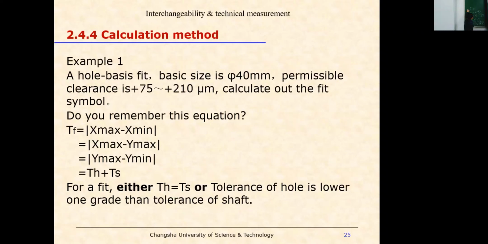The minimal clearance is larger than 75, right? So this is 0, right? ES minus EI, because we can check the table, we can get this one, this 9, right? This is for the shaft.